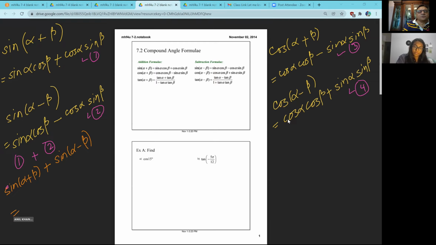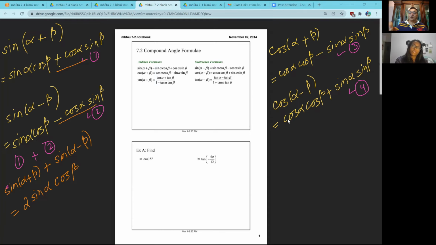These two terms, which are positive and negative, will cancel out, correct? And the first term, sine alpha cos beta, will add up. And so it will be equal to 2 times sine alpha cos beta. Do you understand now? So when you add the sum and difference of these compound angles, then you get 2 times sine alpha cos beta. Do you see that part?